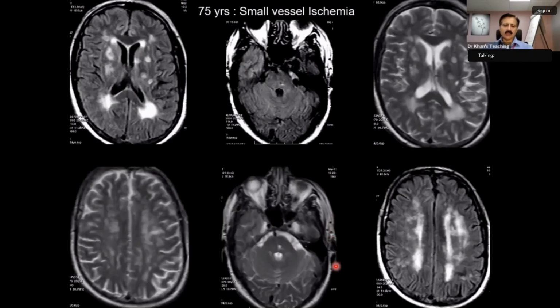There is an entity in old literature, going back to the 1990s, where American literature particularly used the word senile onset MS. You won't believe the word senile was used with MS occurring at the age of 50 or 50 plus. Now, nobody will use this word at this age.